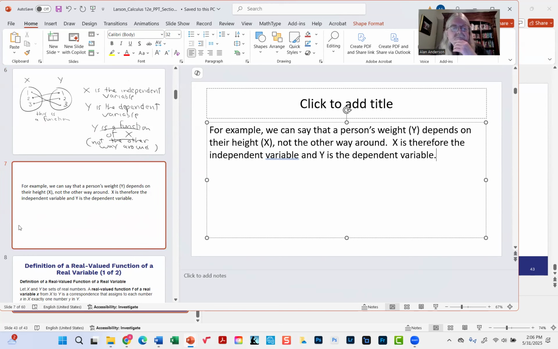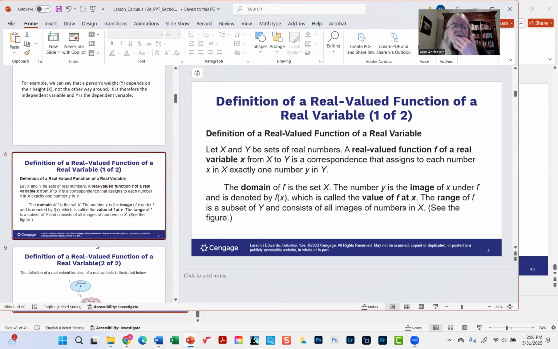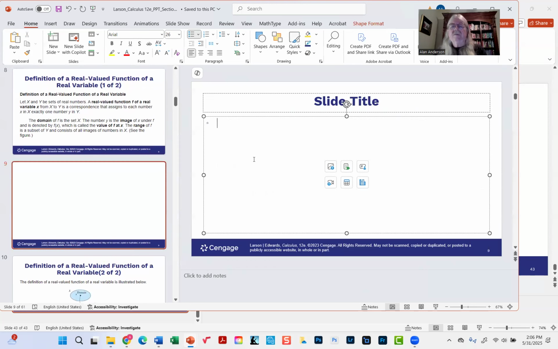All right. Now, notice how they want to make it very clear they're talking about real numbers here, the real valued function. They just want to leave out the possibility that we're dealing with imaginary numbers. In other words, a real valued function does not take on any imaginary values.